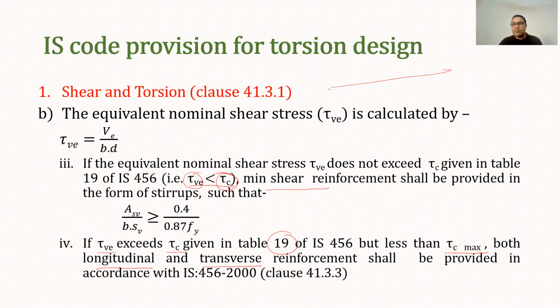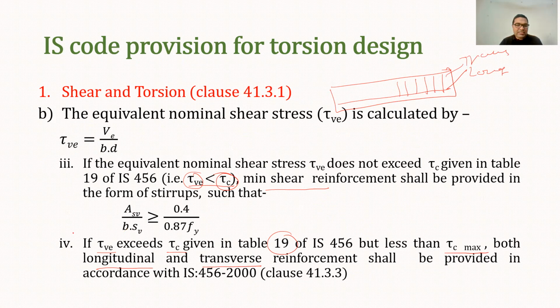In the beam, the reinforcement we provide along the length of the beam is called the longitudinal reinforcement. When we provide stirrups like this, they are called the transverse reinforcement.